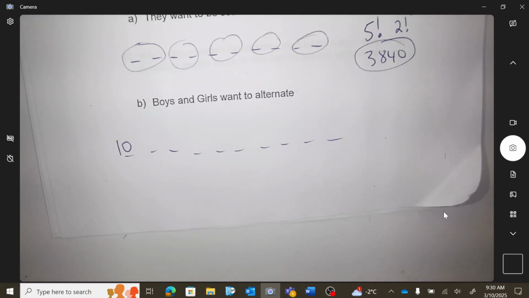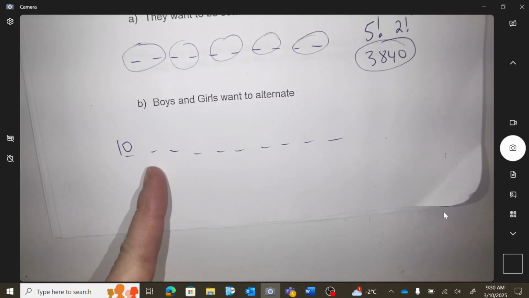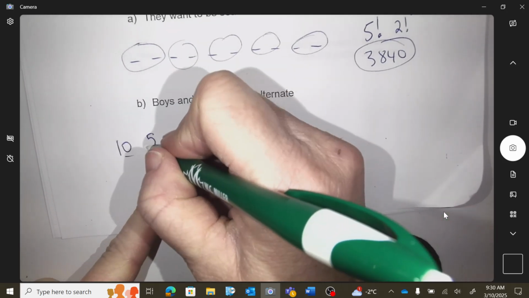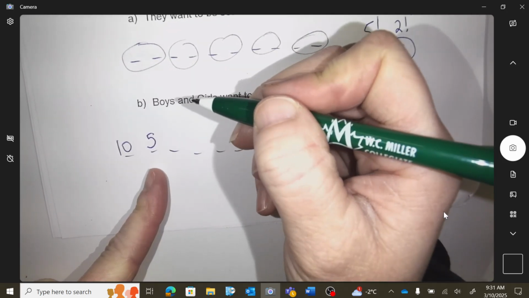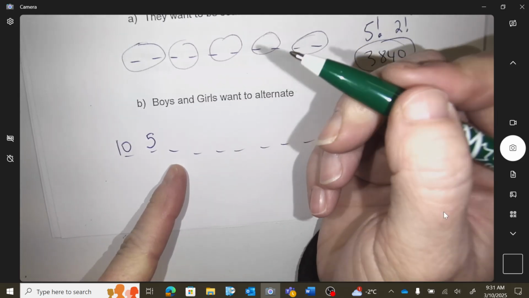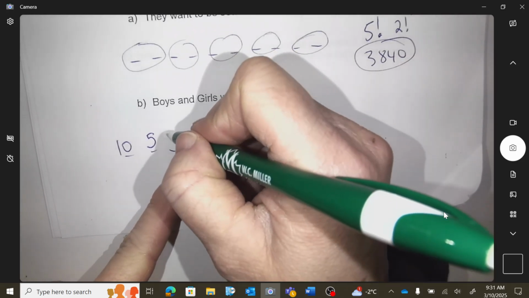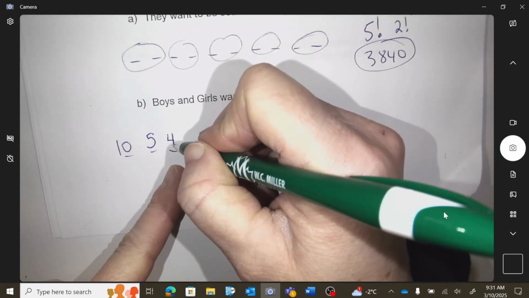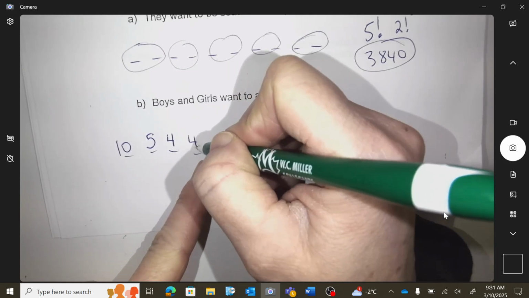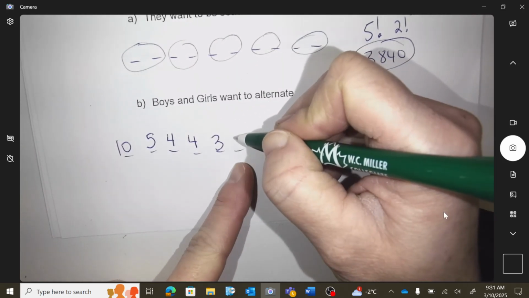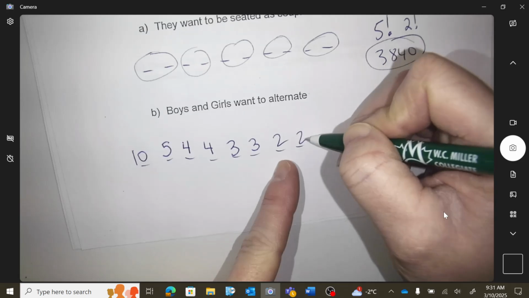So now when I go to the second chair, this would then have to be a girl. So then that would be 5. So then this would put me back to a boy, which means there's 4 boys left, 4 girls left, 3 boys, 3 girls, 2, 2, 1, 1.